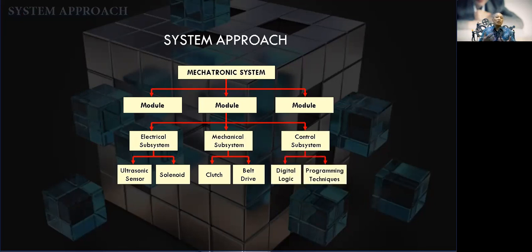And then how do we control it? With digital logic, with programming techniques, whatever it may be. So the approach is from the top. We want to know what this mechatronic system is doing, or what it is designed for.